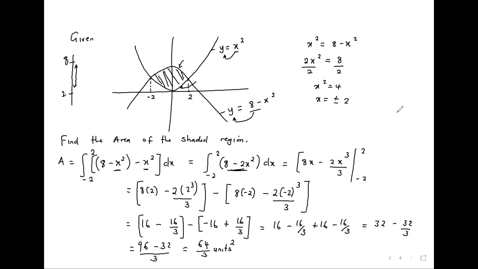But those are two different functions. You're supposed to subtract that one from the other. Yes, we subtracted this minus x squared, which is 8 minus 2x squared.